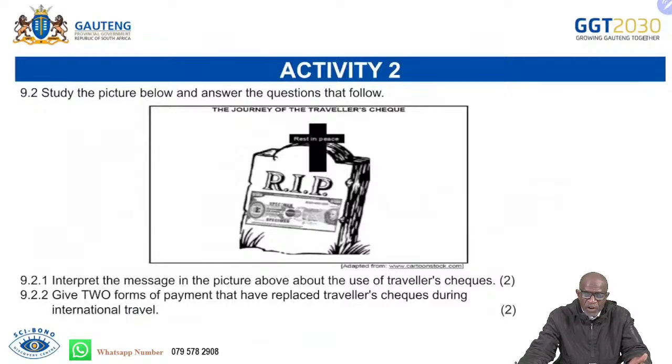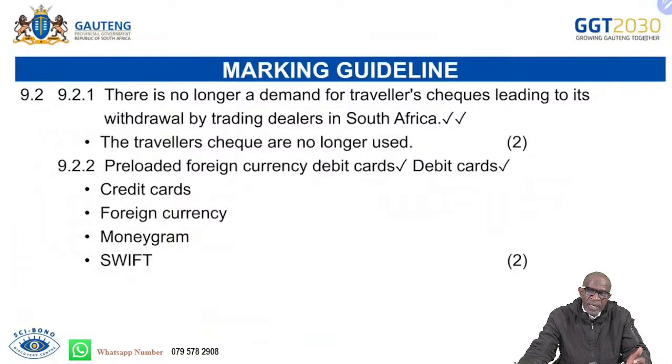9.2.2, give 2 forms of payment that have replaced the traveler's check during international travel. Right. In responding to this one, the RIP indicates that there is no longer a demand for traveler's checks, leading to its withdrawal by trading dealers in South Africa.